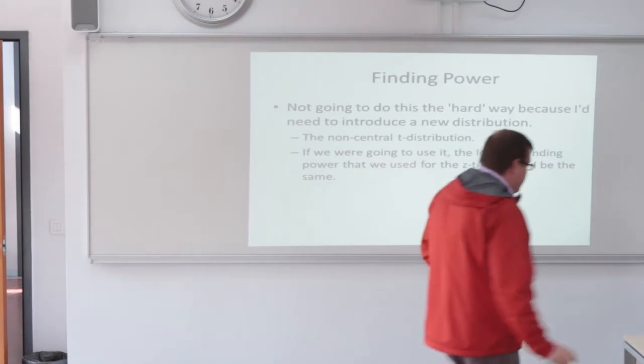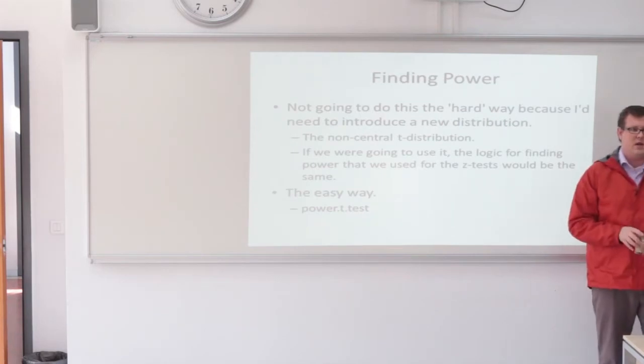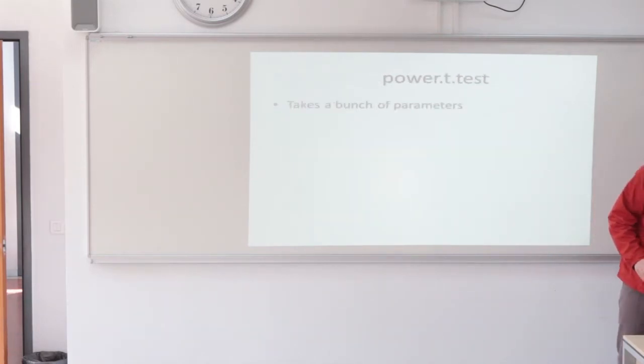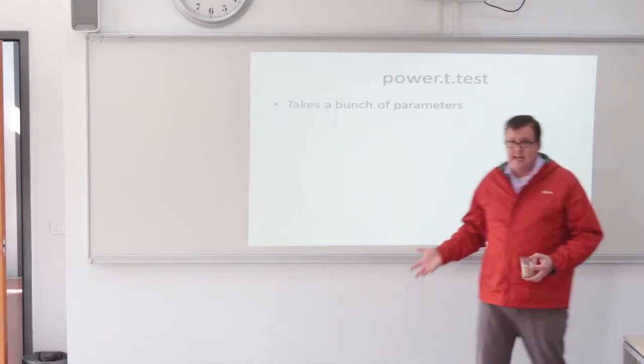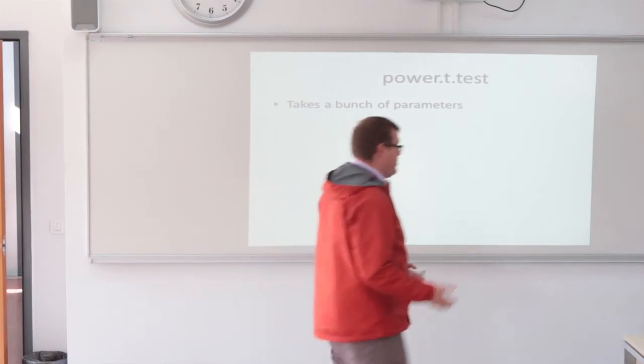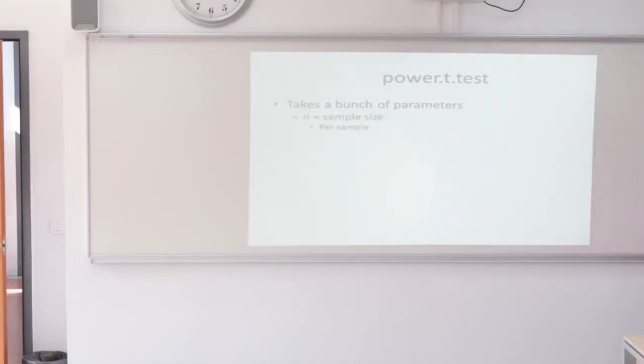It would be close to a t, but not the t. It would be the non-central t. We're not going to talk about that anymore. Instead, we're going to do it the easy way. We're going to use power.t.test. Now, like t-test, power.t.test takes a lot of parameters. So let's go through some of the parameters that it takes.